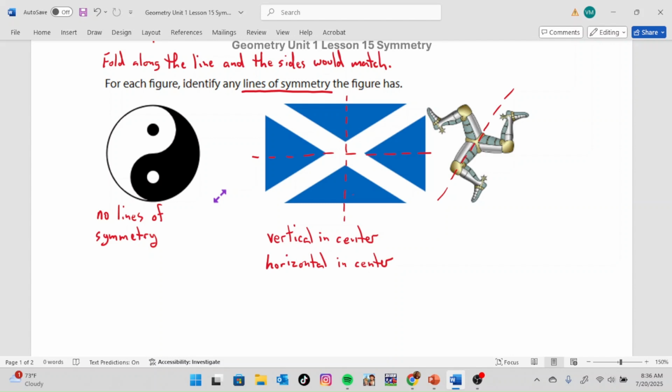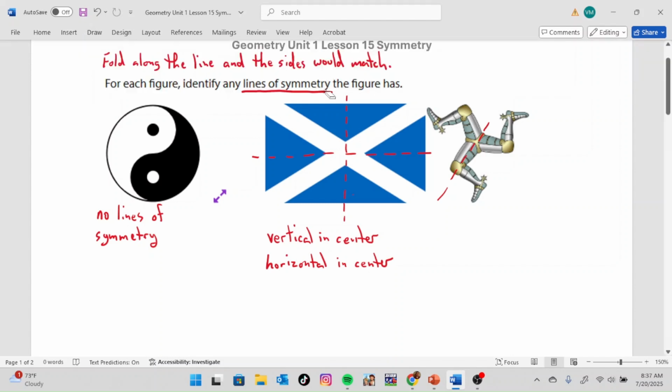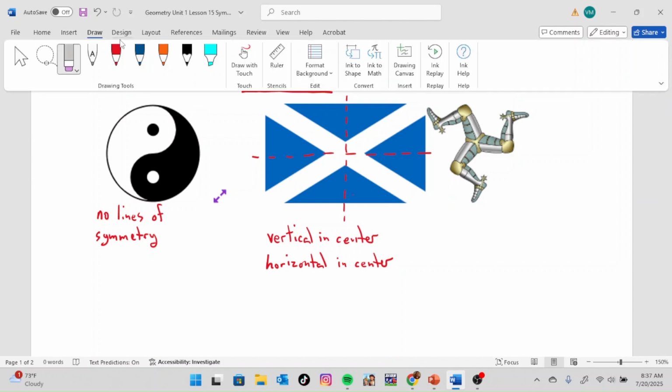And then this third leg is kind of divided between the top of the thigh on one side and the back of the hamstring and the calf and foot on the other. So obviously when I fold that over, that does not line up. It does not make it symmetrical. So this is another example where we're going to have no lines of symmetry.